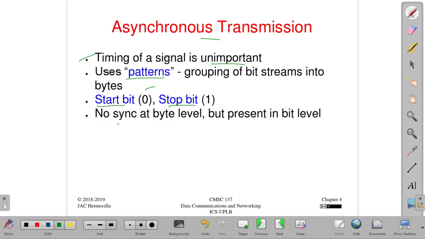So there is no synchronization at the byte level. As long as the receiver can find the start bit, it's good to go. It can detect the succeeding 8 bits as data or information bits. But there's also a synchronization at the bit level.